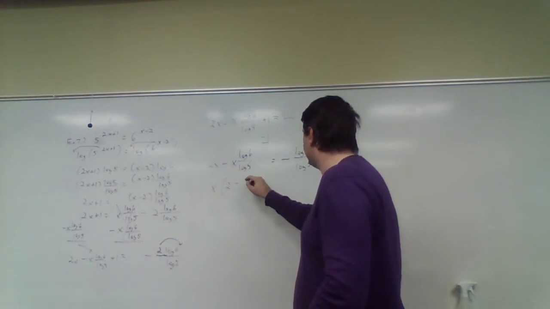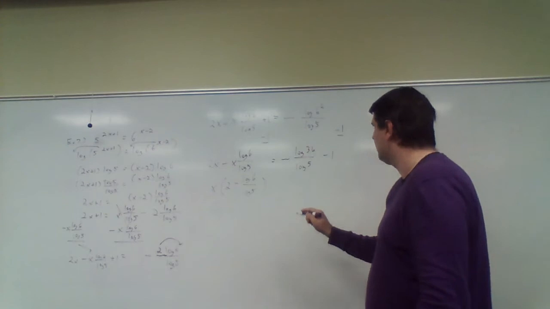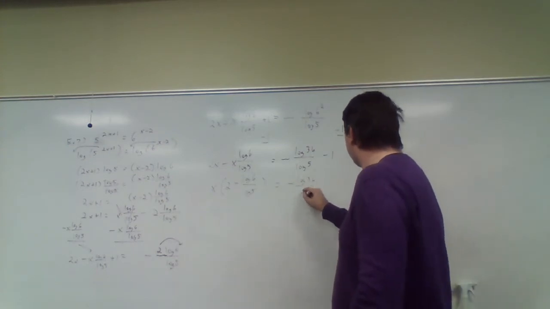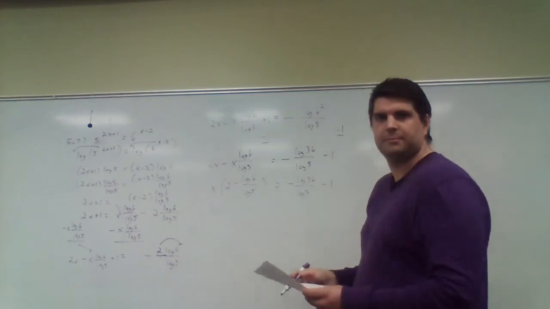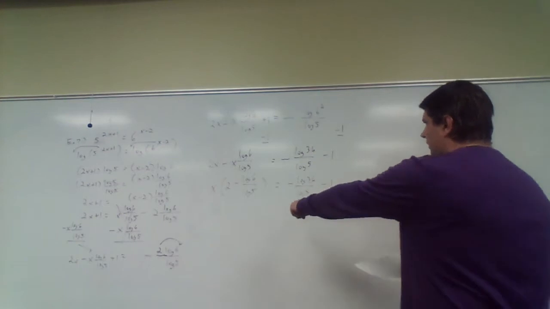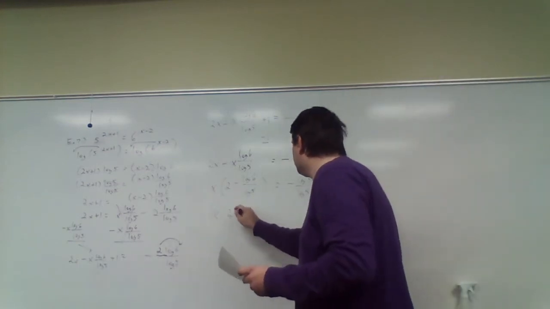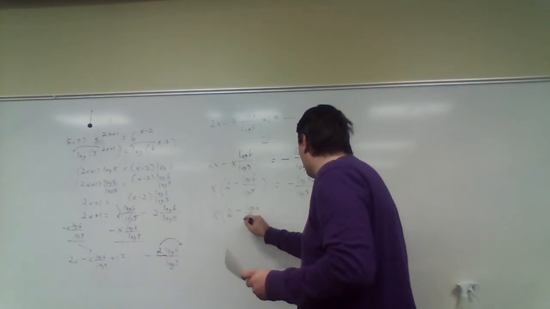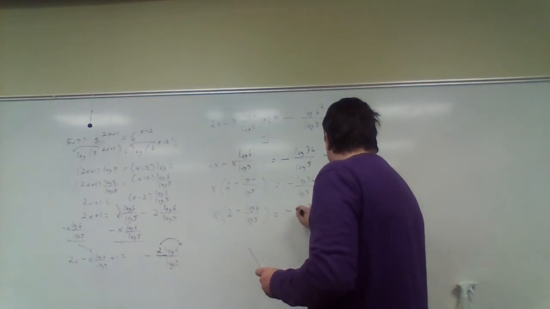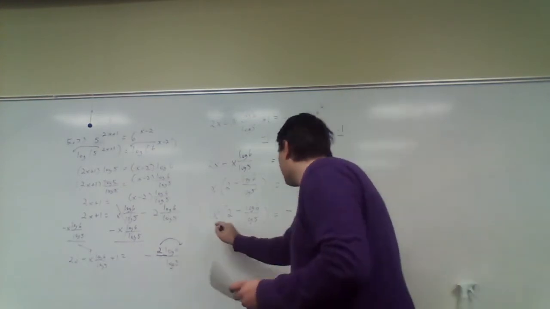So x times 2 minus log 6 over log 5 equals negative log of 36 over log 5 minus 1. And then we're going to divide off the other factor, 2 minus log 6 over log 5, so that we have x by itself.